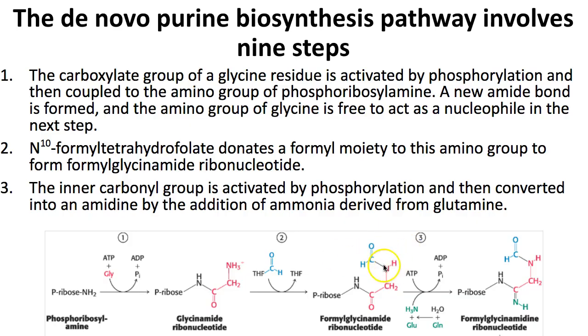And so it attaches. You have glutamine go through hydrolysis, which has that free amine. That phosphoryl group is going to attach to this carbonyl and gets displaced by the free ammonia and you have this final structure.